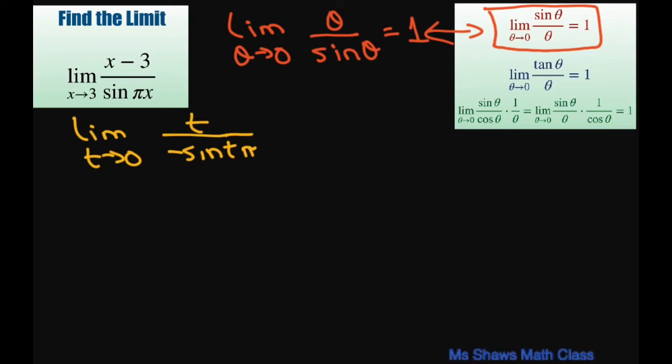Now what I'm going to do is multiply, because I need my thetas to be the same. They're not. I have t here and t pi here. So what I'm going to do is multiply the numerator and the denominator by pi.